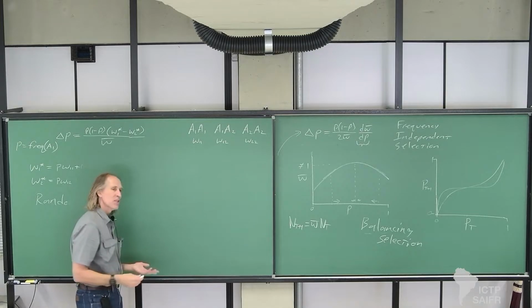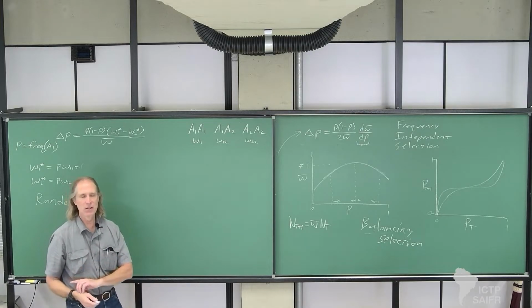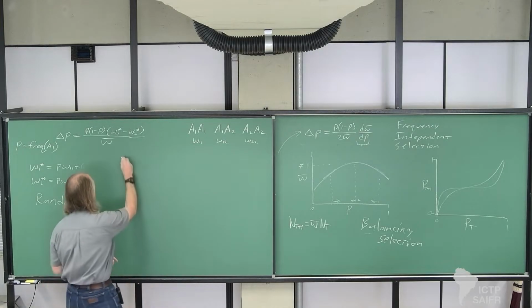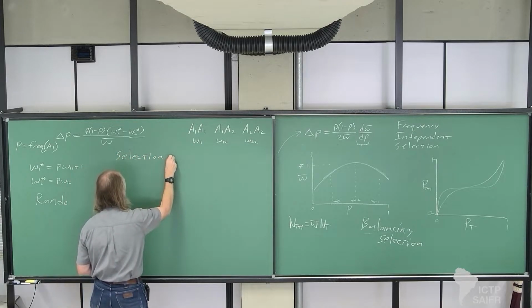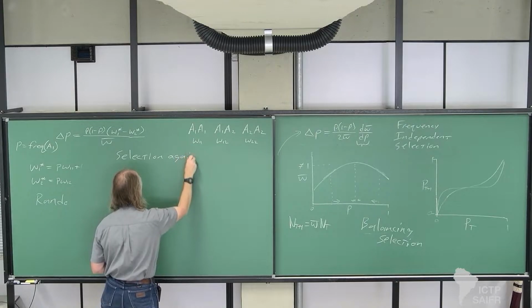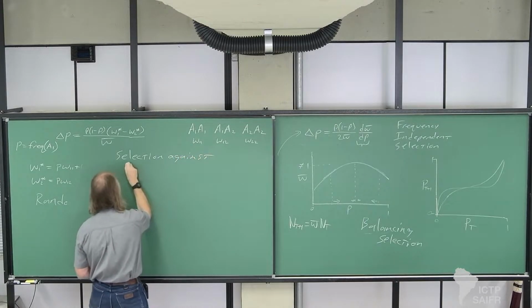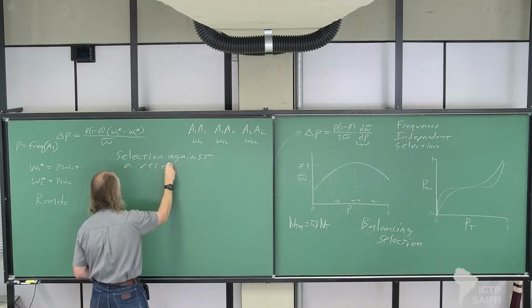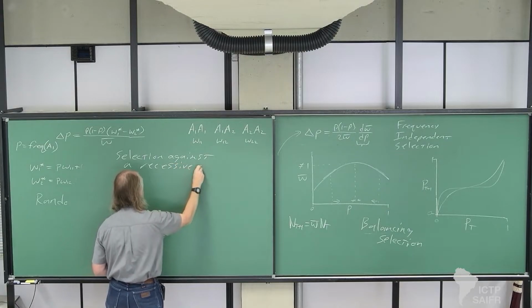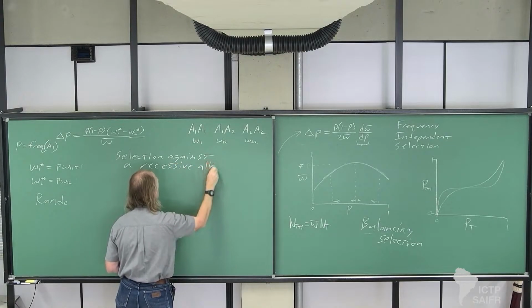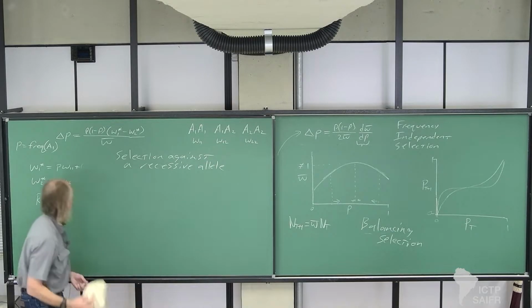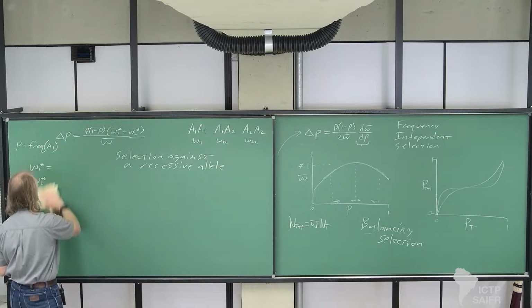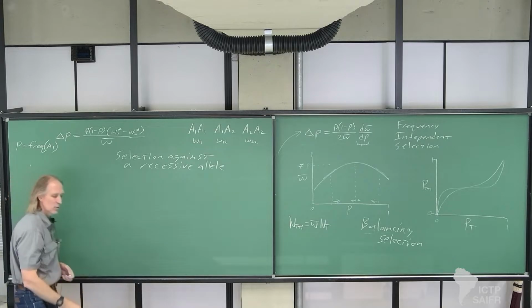What if we have selection against a recessive allele? Remember, a recessive allele means it's expressed only when it's homozygous. In a heterozygote, it's not expressed.